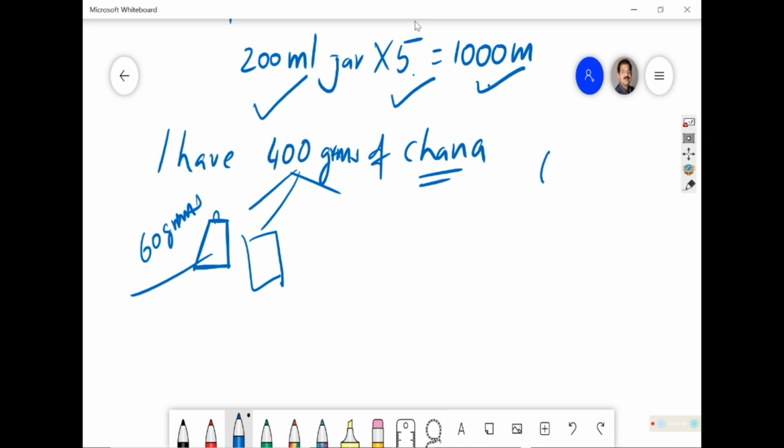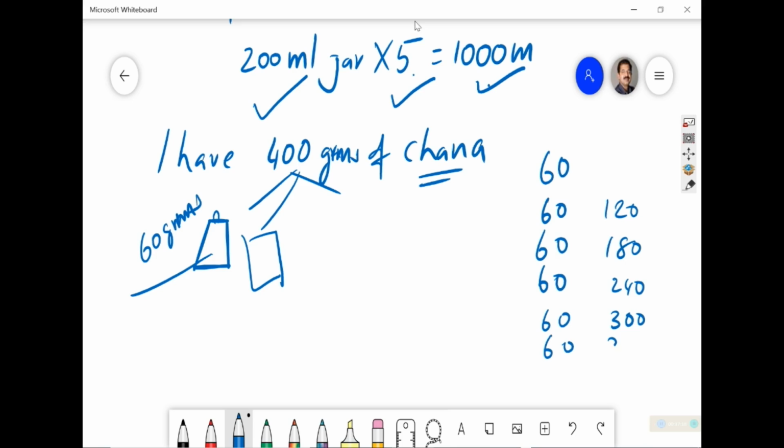So I'll put 60, then 60, then 60, then 60 will go on. And I know that this is 60, this is 120, plus 60, 180, plus 60, 240, plus 60, 300, plus 60, 360, plus 60, 420. नहीं है, हमारे पास only 400 grams.